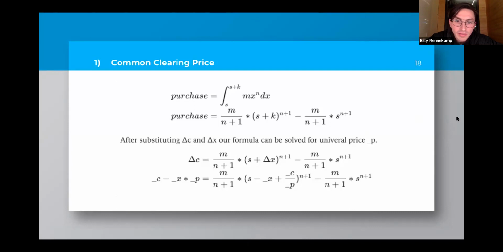The problem is that this category of formula doesn't really solve very easily for P, and so you end up getting a bunch of nasty numbers. Usually you get one number which would result in a negative balance on the contract. You get one number which would result in no change at all from the beginning.